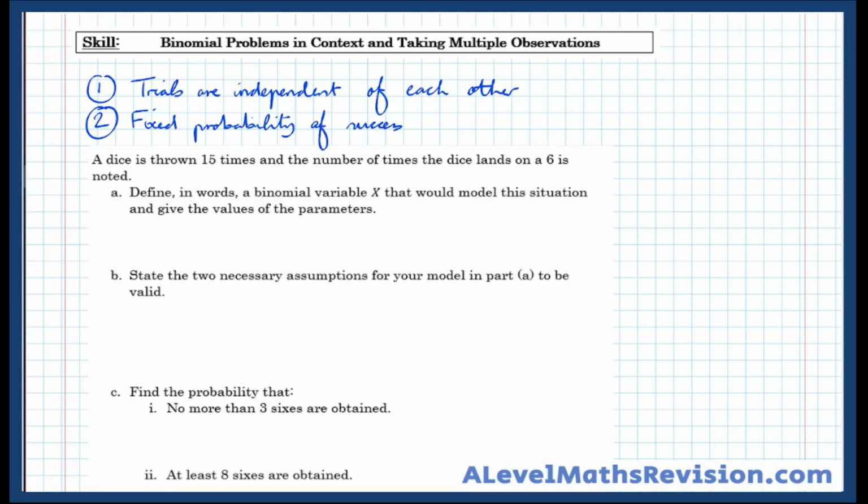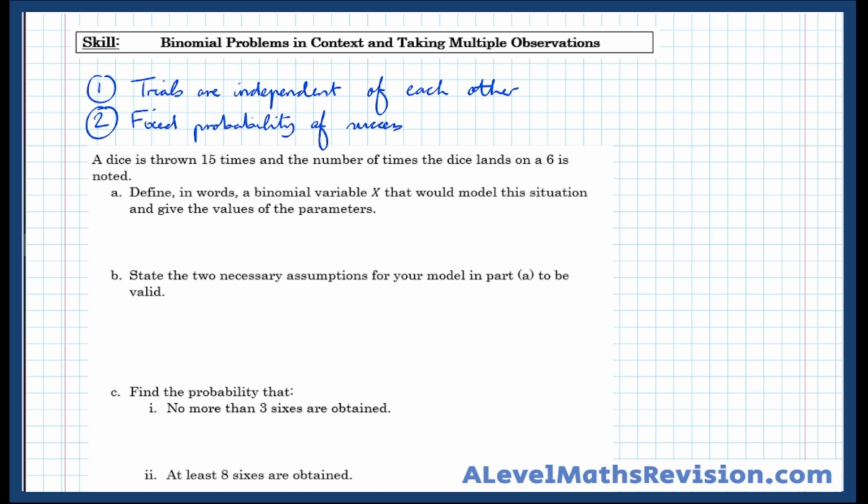So here's a question which says a dice is thrown 15 times and the number of times the dice lands on a 6 is noted. Define in words a binomial variable X that would model this situation and give the values of the parameters. We've encountered this previously in the previous lesson.